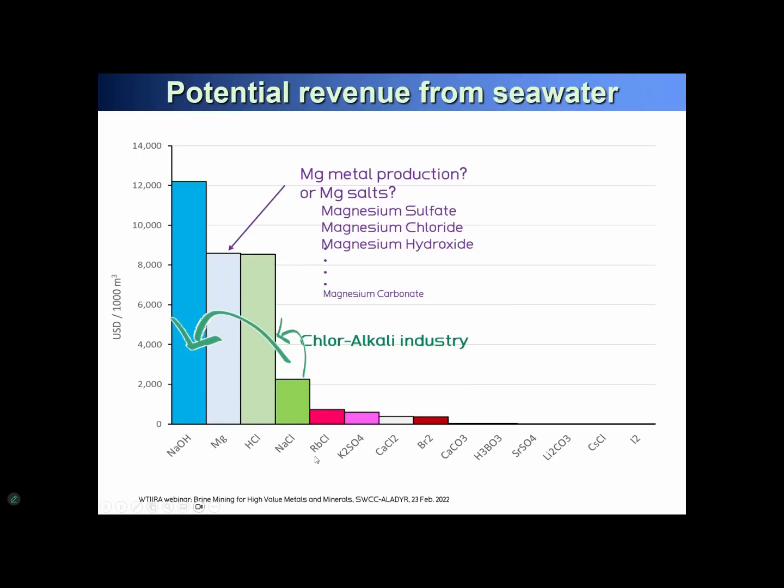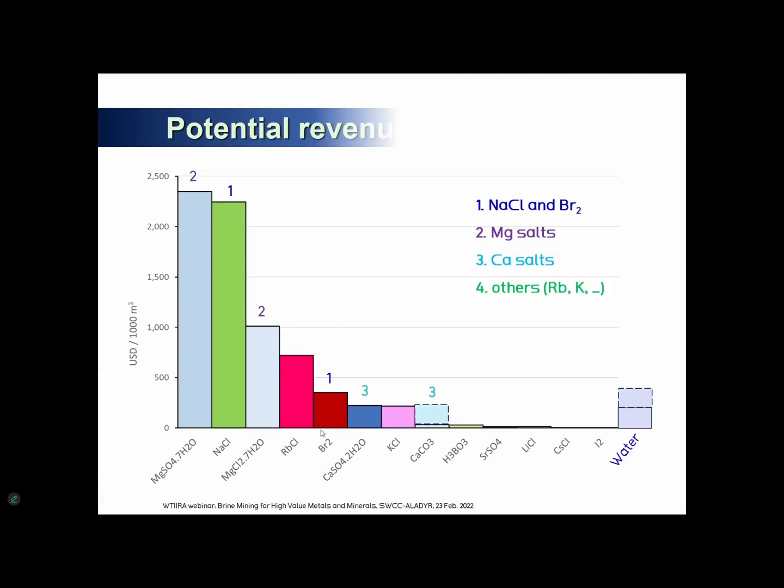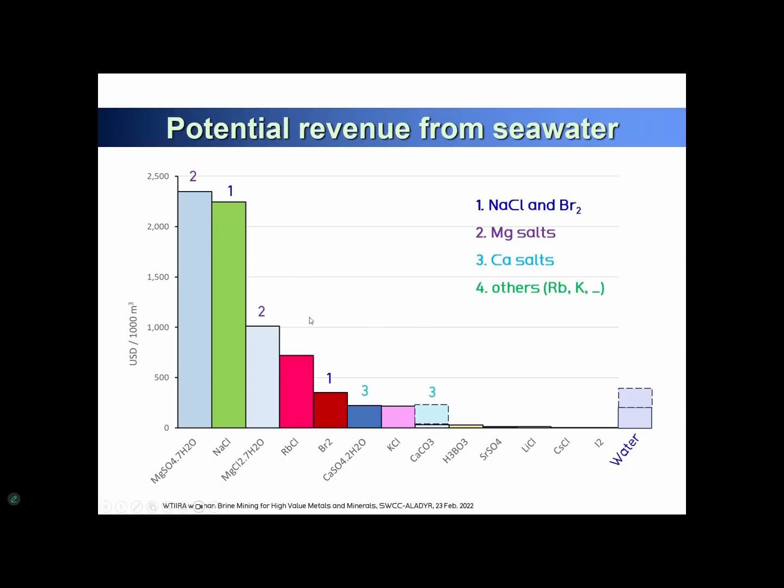Also sodium chloride, rubidium chloride, potassium sulfate, calcium chloride, bromine. So these are some of the best potential values that can be produced, and most people target these materials: sodium chloride, bromine, magnesium, calcium, and others.